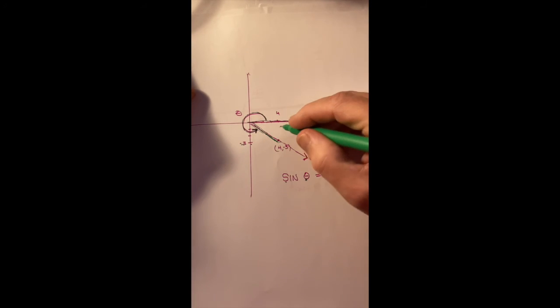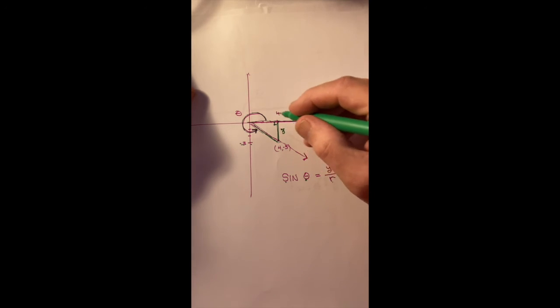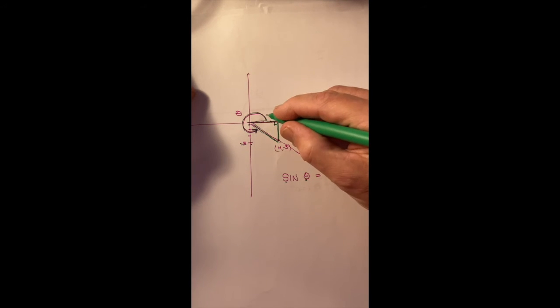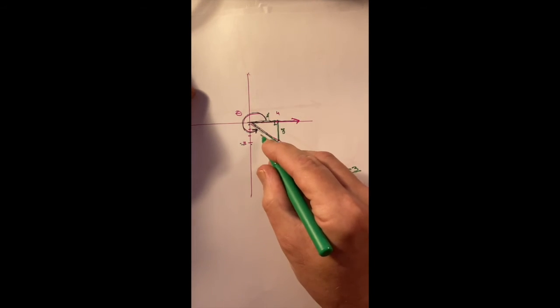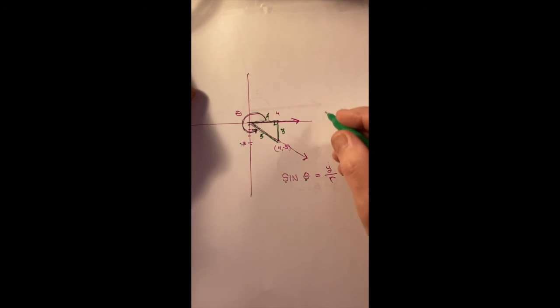The way we get that is by drawing a right triangle. Here's a right triangle right here. This distance from here to here is 3. This distance from here to here is 4. You should actually recognize this as a Pythagorean triple. This is going to be 5, but even if you didn't recognize that, that's okay. 3 squared plus 4 squared is equal to r squared, right?